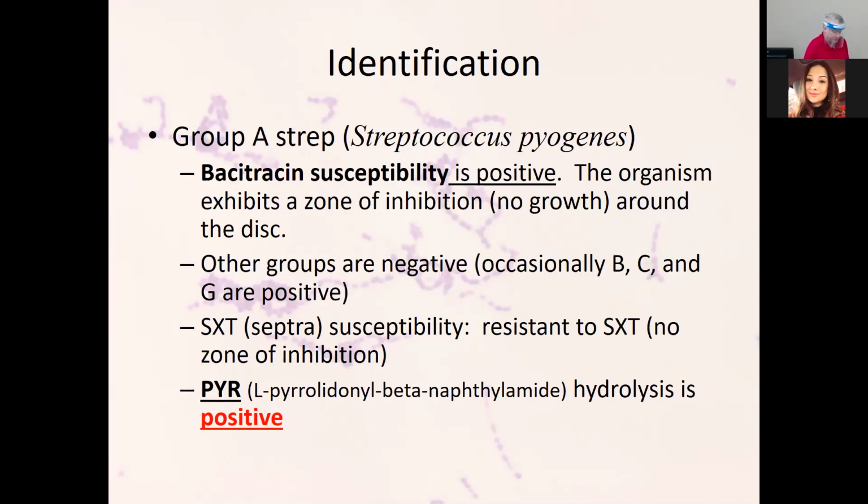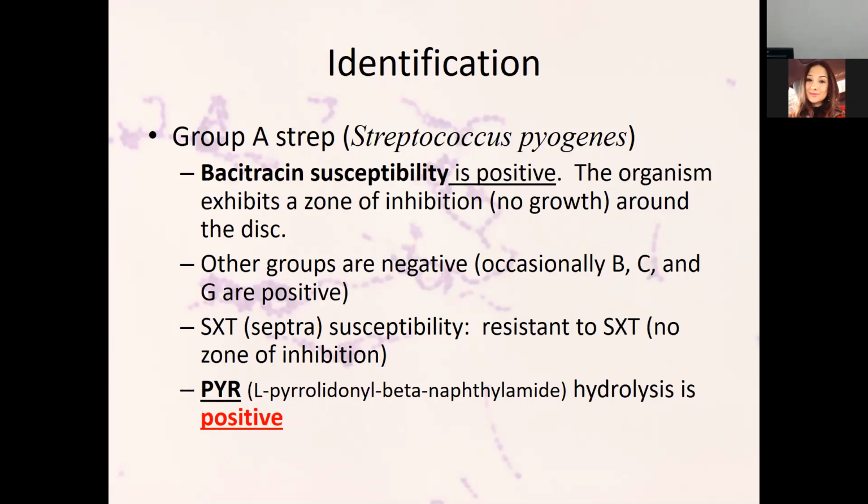Y'all ever used a little disc like that? I think I've seen one. Y'all haven't done urines and body fluids yet. I'm trying to think of the ketone test. Is anybody familiar with the ketone test? Putting serum or urine on there and it turns purple. It's kind of an indicator test. Well, that's what PYR is.